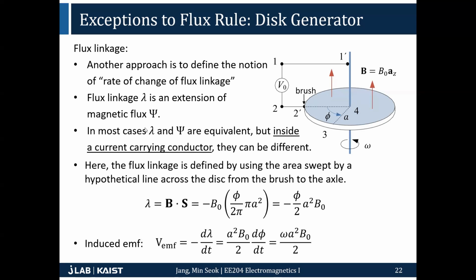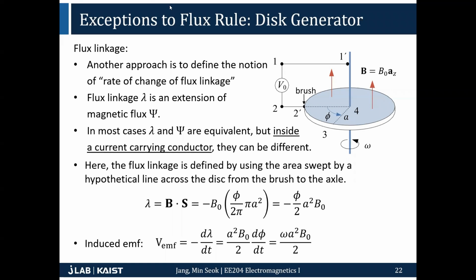In most cases, flux linkage and magnetic flux are basically the same thing: just B dot dS, and lambda and psi are the same. But in this case, because we cannot define S, it's difficult to obtain psi. But there's one way to define this.